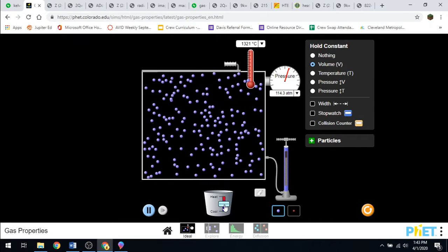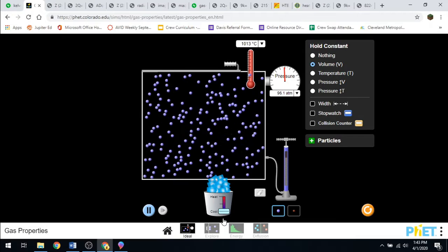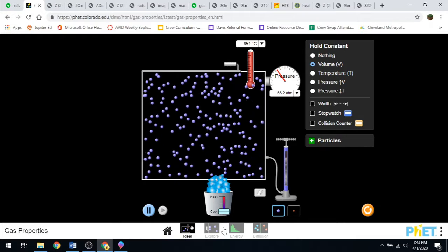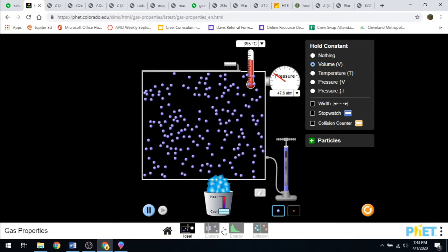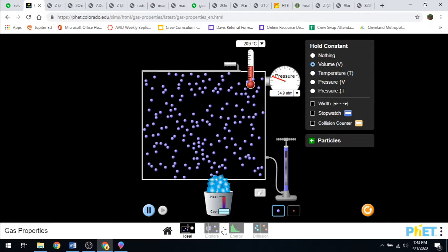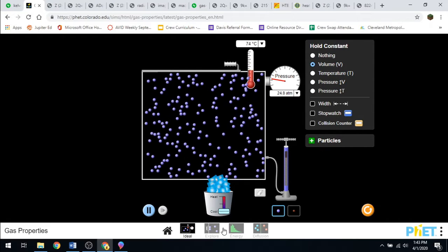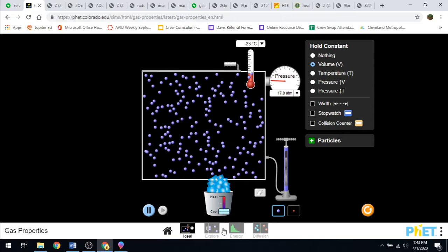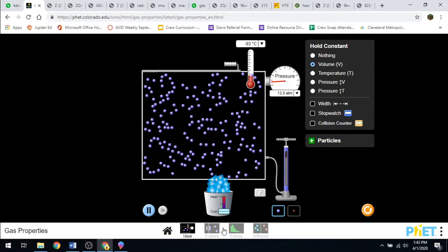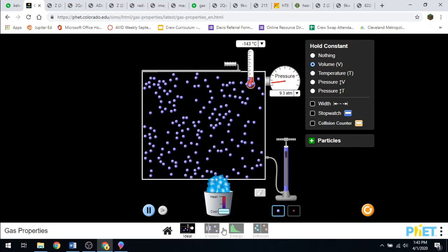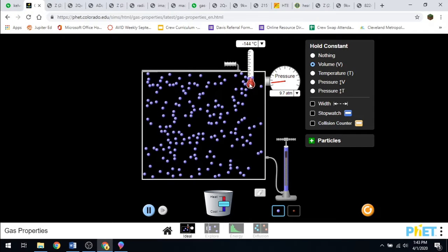And so we can also do the opposite. We can cool the particles off. As we cool the particles off, you'll notice that the particles are moving a lot slower. So the less kinetic energy, or the slower the particles are moving, the lower the temperature.